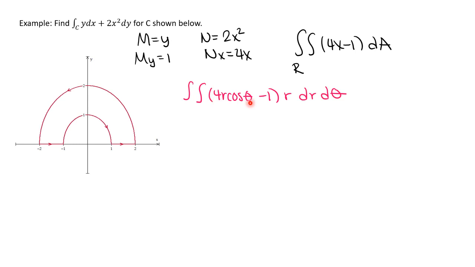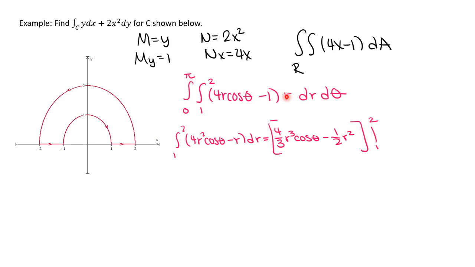So I have to integrate 4r cosine theta minus 1, and then times r, dr, d theta. In this problem, the r values are starting at 1 and stopping at 2. And then we're only on the top half of a circle, so my angles, my thetas, start at 0 and stop at pi.